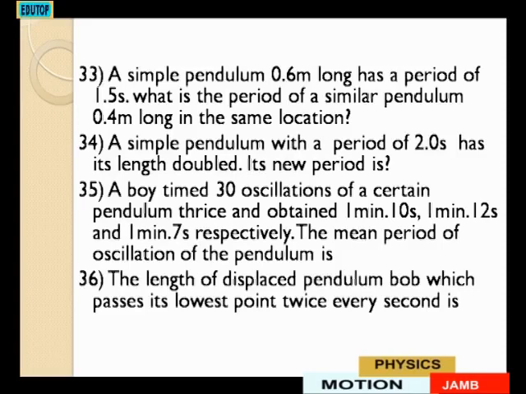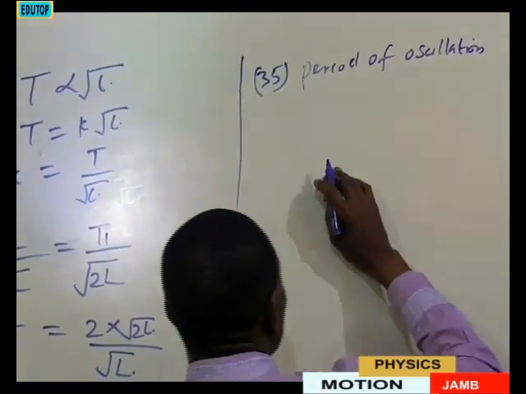For question number 35, a boy timed 30 oscillations for a certain pendulum three times, and obtained the following records: 1 minute 10 seconds for the first, 1 minute 12 seconds, and 1 minute 7 seconds respectively. The mean period of oscillation of the pendulum is, in this case, what we are to calculate. So the period itself, what is period?